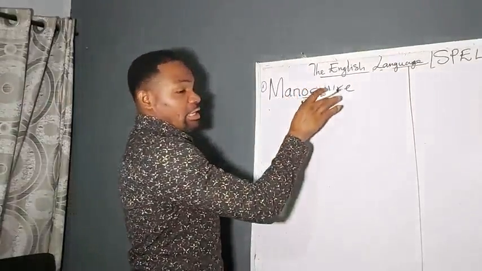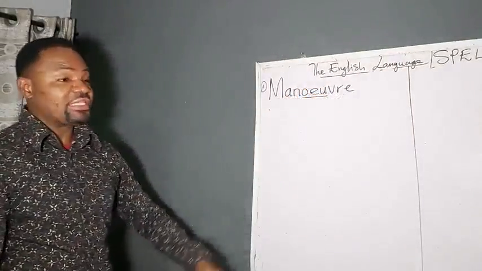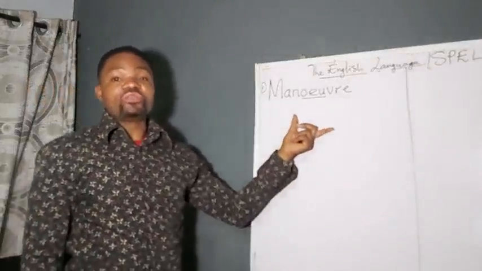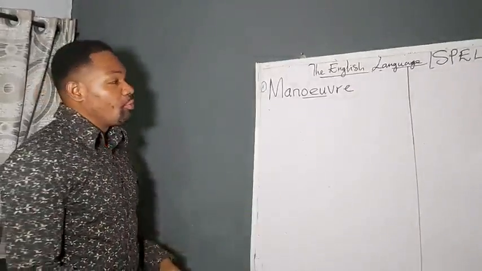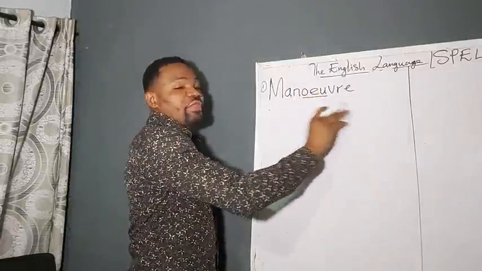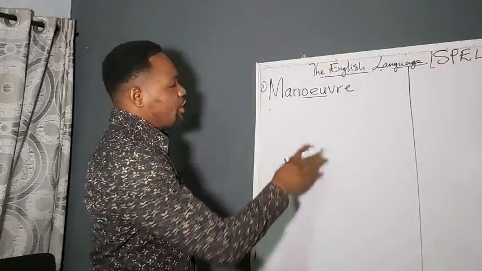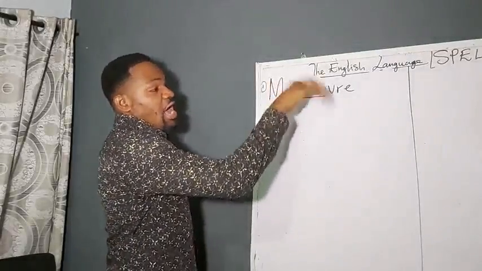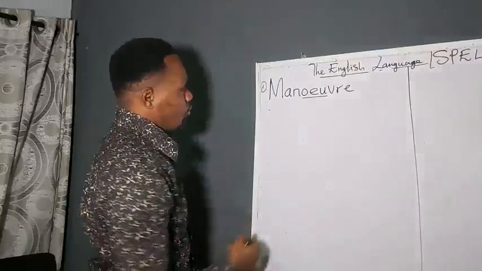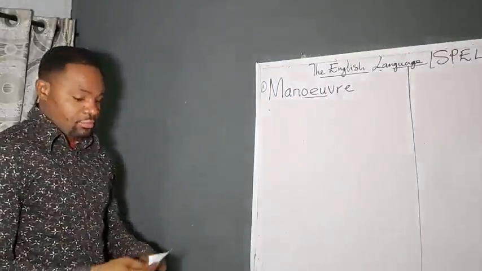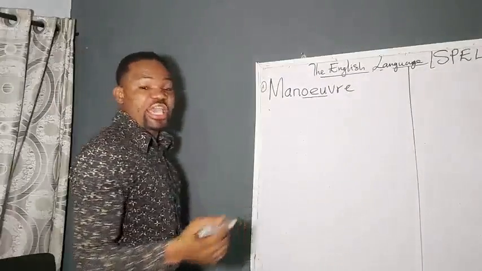When you're taking any exam in Nigeria, this is the particular spelling that is expected of you. Any spelling out of this is American. Always take note of the E after the L, followed by the U. So the next one is generosity.